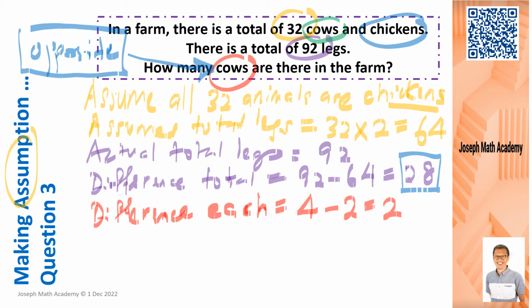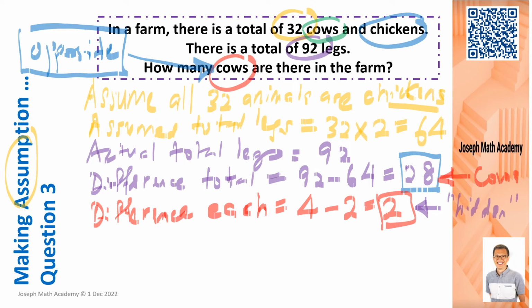So you take these two values. Remember, this one belongs to the cows pretending to hide legs. This is the number of legs missing from one animal, the hidden legs coming from one animal.